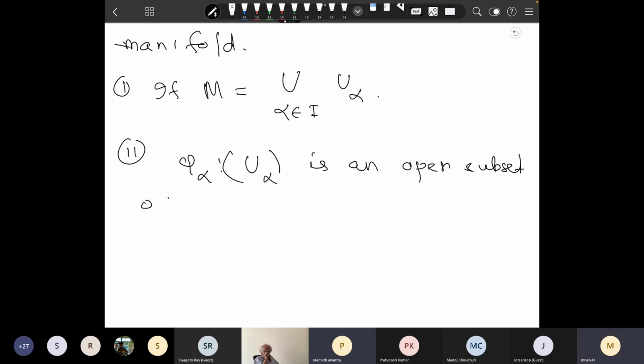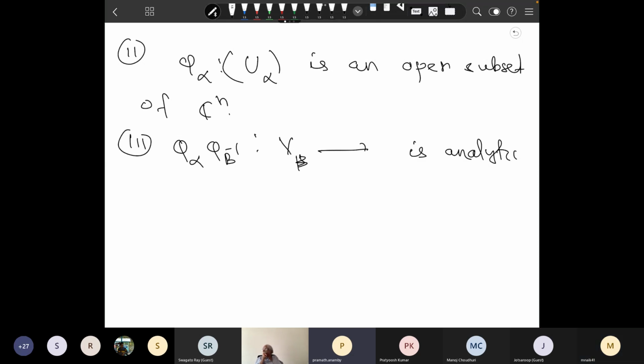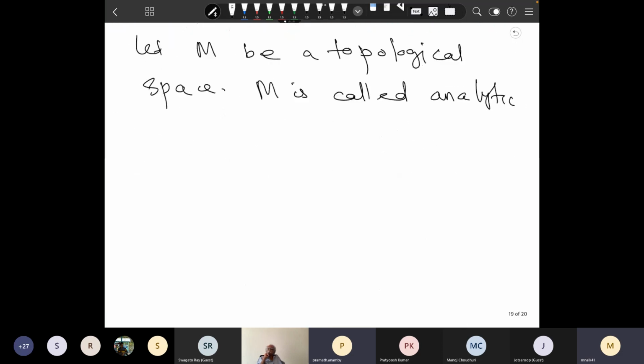I am writing vaguely, but you can understand. And the third thing is this phi alpha composed with phi beta inverse, defined on the open set phi beta of the intersection, this transition map, you demand that it is an analytic map. So this is the definition of an analytic manifold.